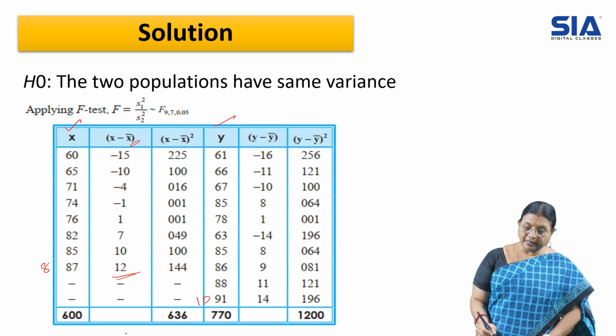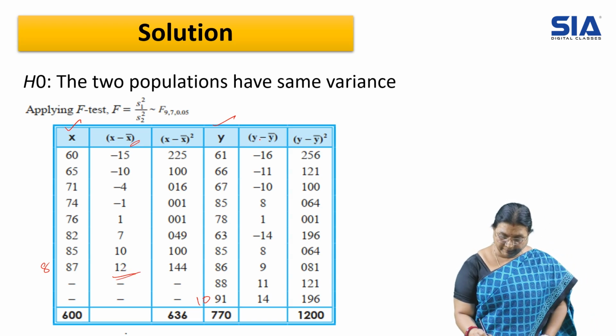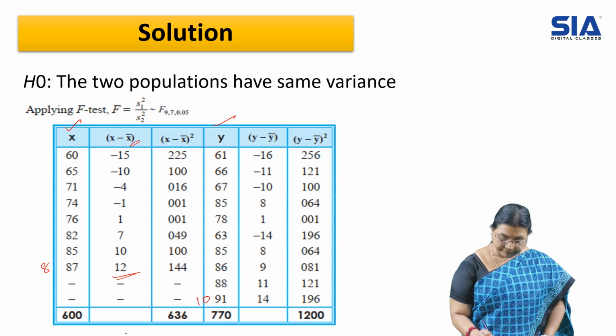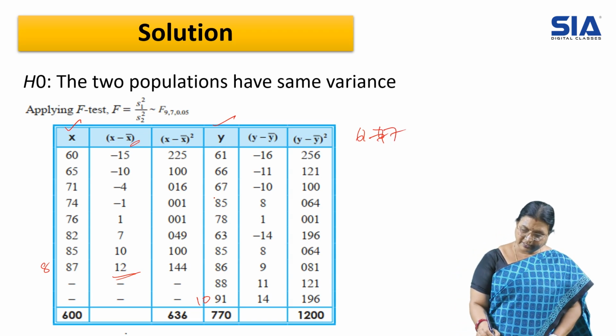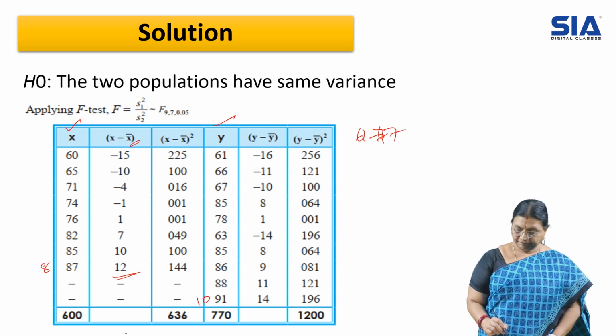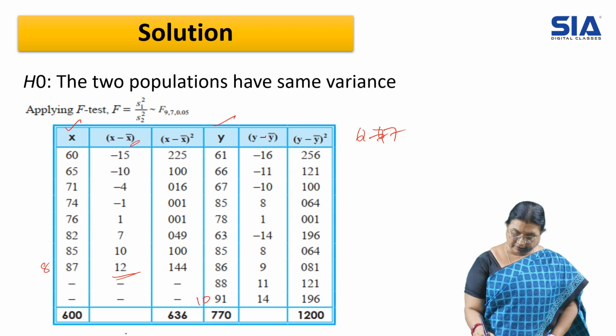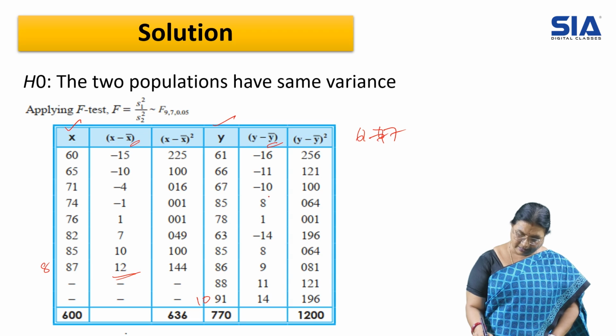Similarly, we do it for y minus y bar. So here 61 minus 77, then 67 minus 77, and in this way we take y minus y bar, which gives minus 16, minus 11, minus 10.